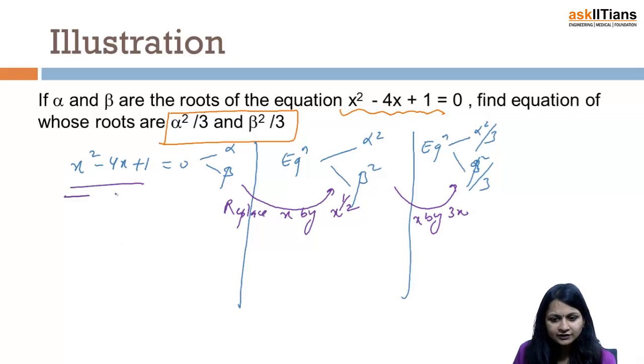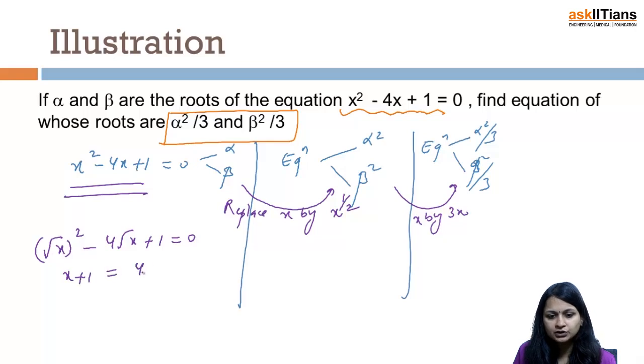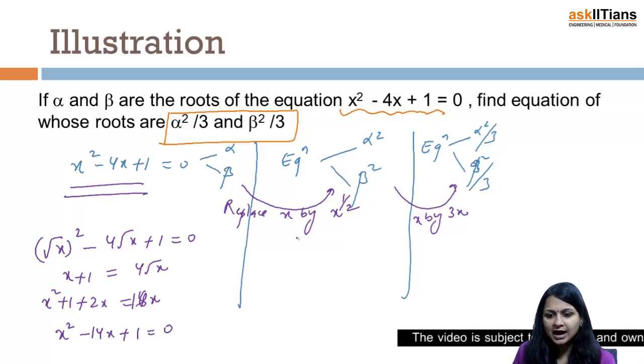In this equation, if I replace x by root x, this becomes root x whole square minus 4 root x plus 1 equal to 0. So I have x plus 1 equal to 4 root x. Let me square both the sides. So x square plus 1 plus 2x equals 16x, and finally we have x square minus 14x plus 1 equal to 0. Now I have reached this step.